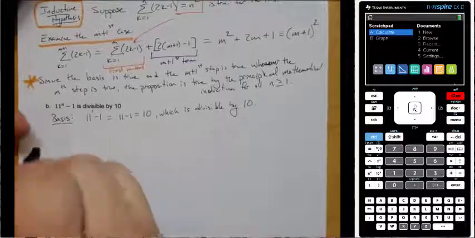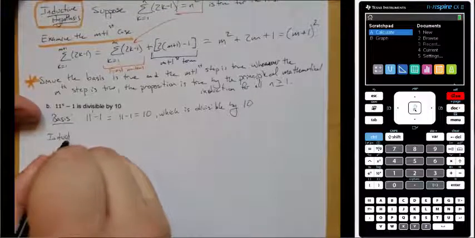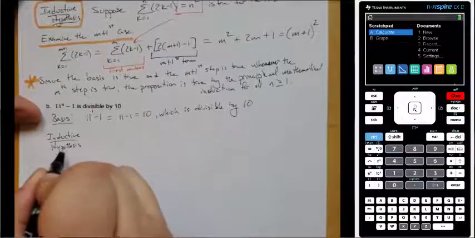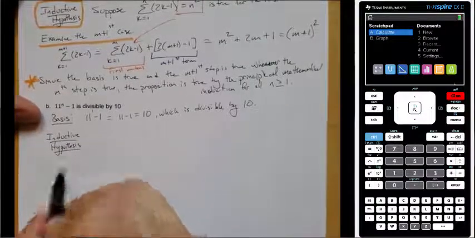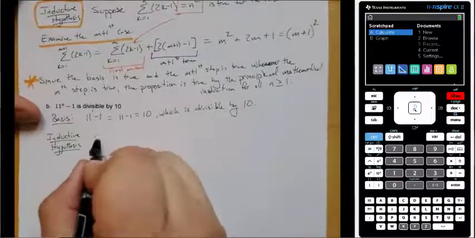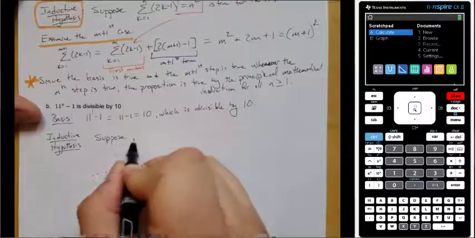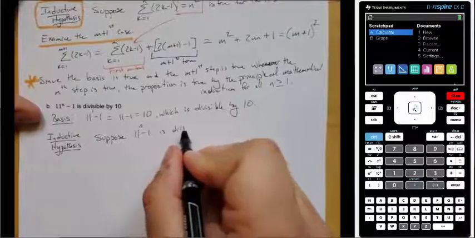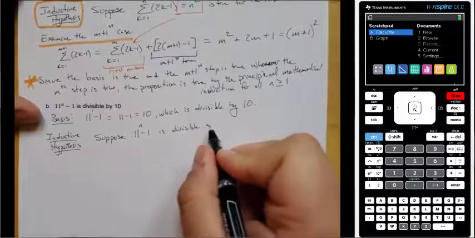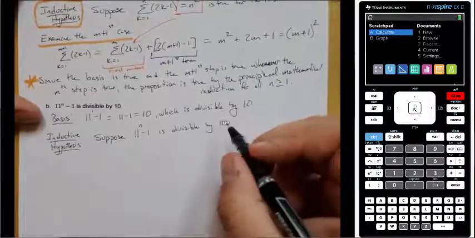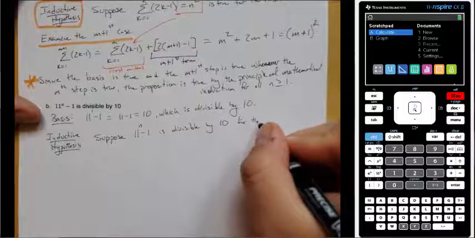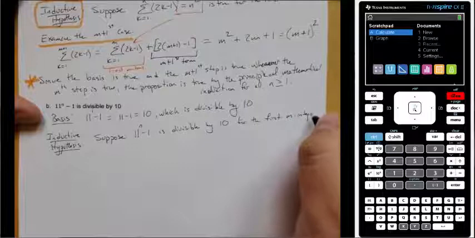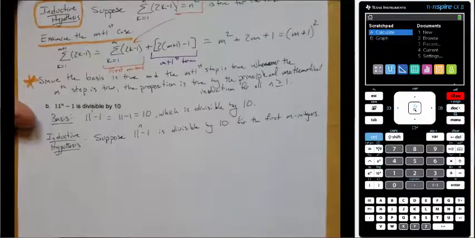Now the inductive hypothesis: suppose 11 to the m minus 1 is divisible by 10 for the first m integers, or up until m.